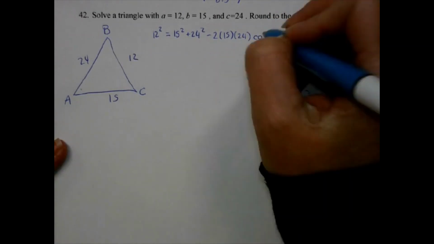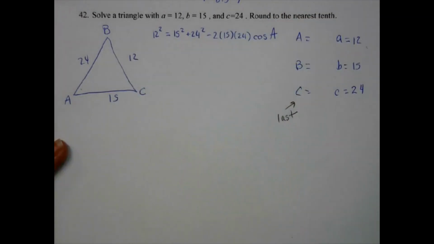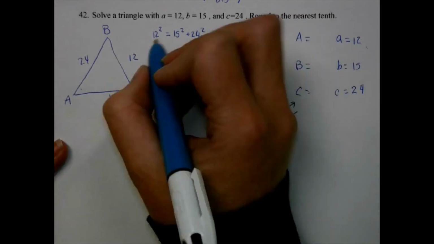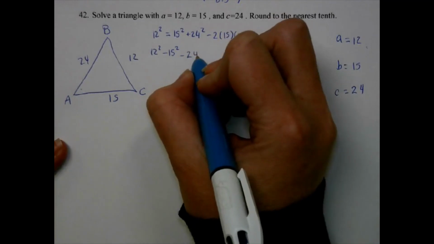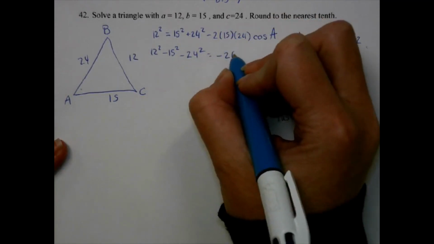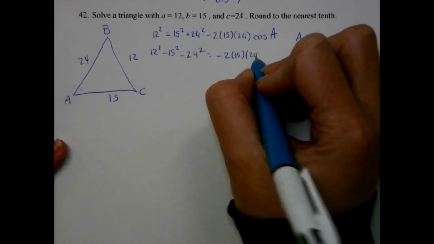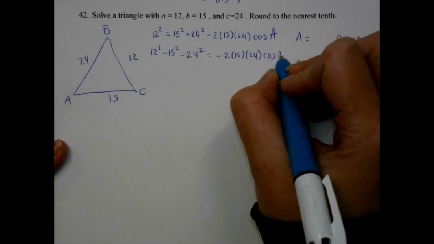Then to algebraically solve for this, we subtract these two. Then we'll divide by this.